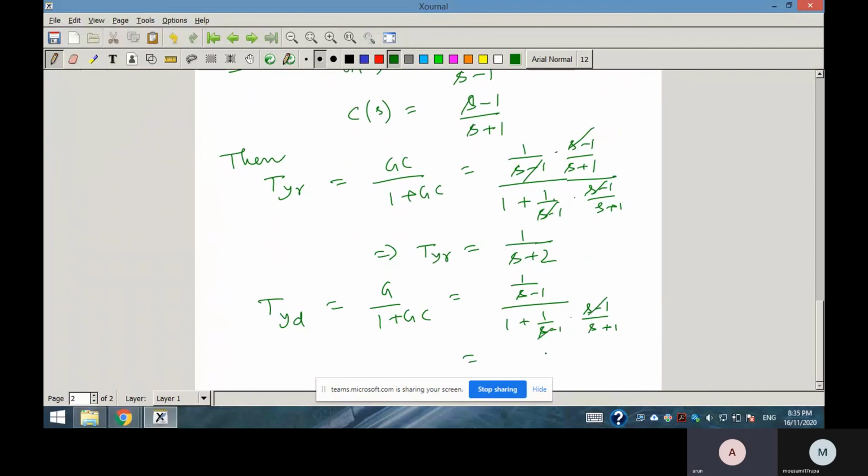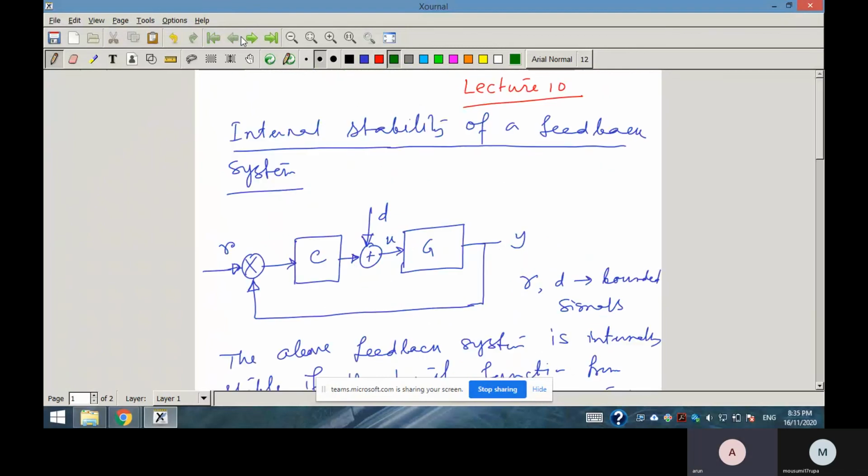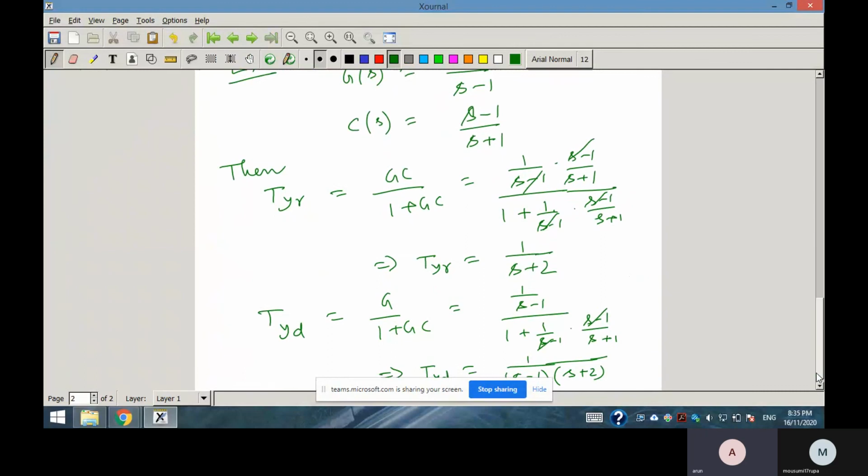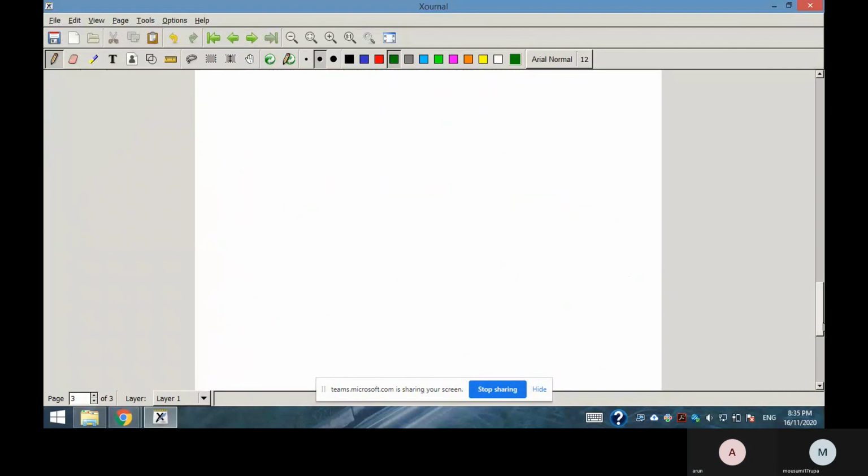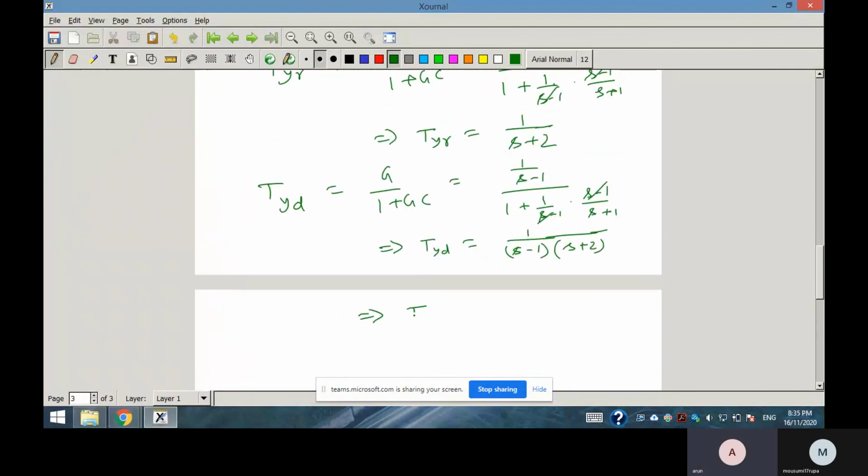This will get cancelled, so T_yd equals 1 by (s minus 1)(s plus 2). So this is an unstable transfer function. This means the feedback system is internally unstable.